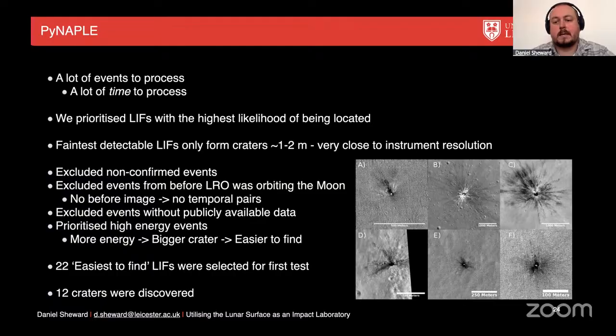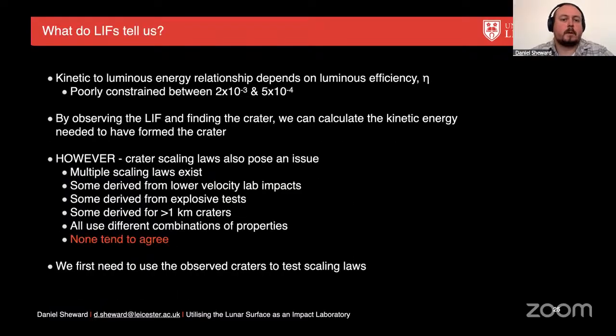If you're seeing an impact flash very close to the lunar limb, then you have the parallax effect, which means that the error on it is hundreds of kilometers. So it can be difficult to narrow down an estimated impact flash location, and it's not always easy to actually find the crater. But with these 12 craters, we can still do quite a bit of science.